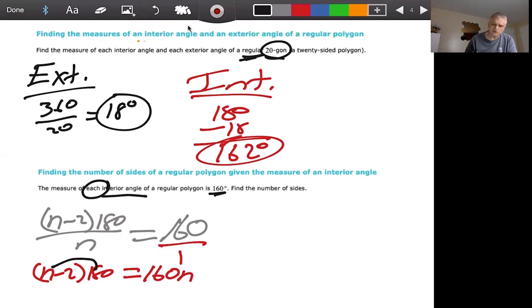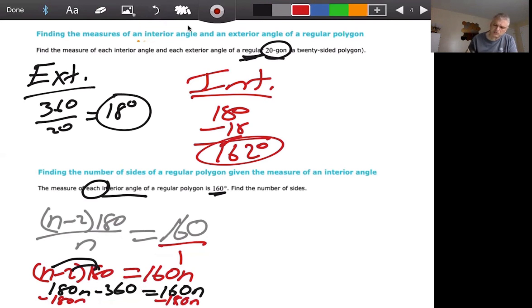Now I'm actually going to do the distributive property because I think it's going to be a little easier if we set it up like this. So this will be 180n minus 360 equals 160n. Now I would like to subtract 180n from both sides. That leaves me with negative 360 equals 160n minus 180n, which is negative 20n.